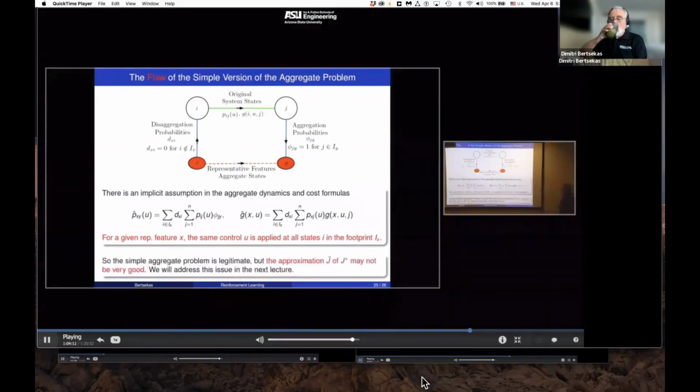So this problem can be solved again by exact model-free or model-based methods to obtain corresponding costs for the representative states. However, the J tilde that you obtain may not be as good an approximation to J star as you would like. It's legitimate, but the approximation may not be very good.